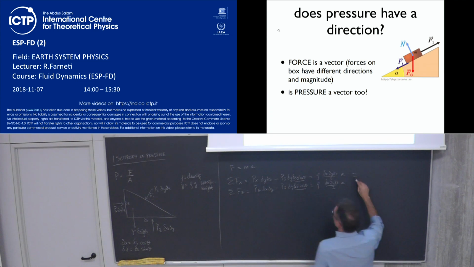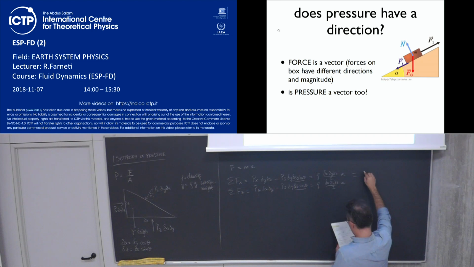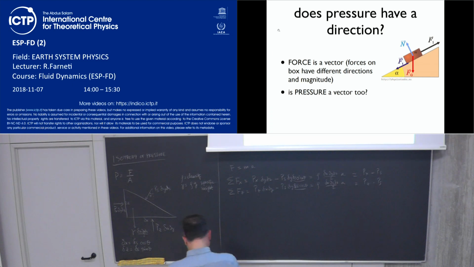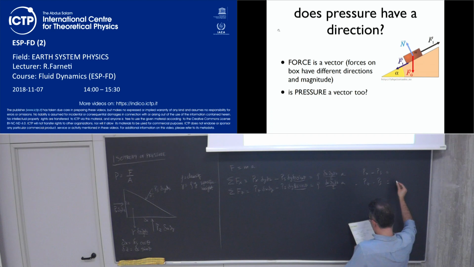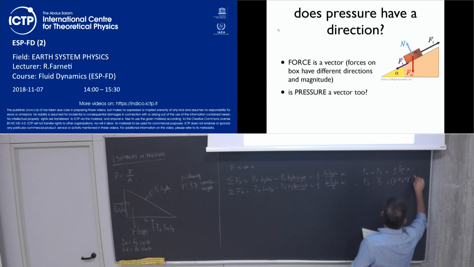So this is equal to Px minus Ps, and this is equal to Pz minus Ps. Equal to my rho times some acceleration component plus my gamma.